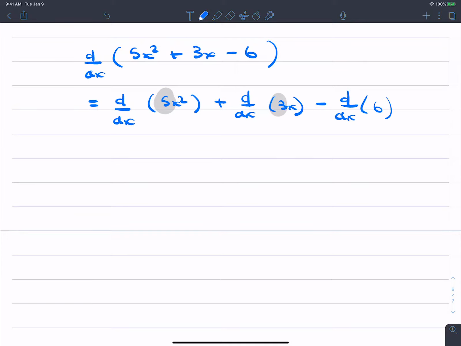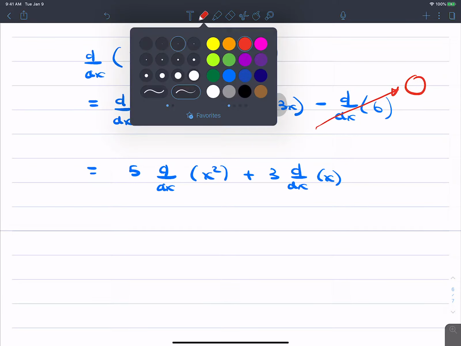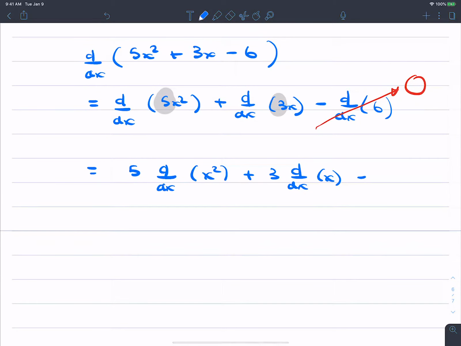Pull out your constants. 5 d dx of x squared plus 3 d dx of x. And then the derivative of a constant, ladies and gentlemen, is 0. We're going to use that idea here first. If you don't want to, that's fine, but you're going to do it eventually.